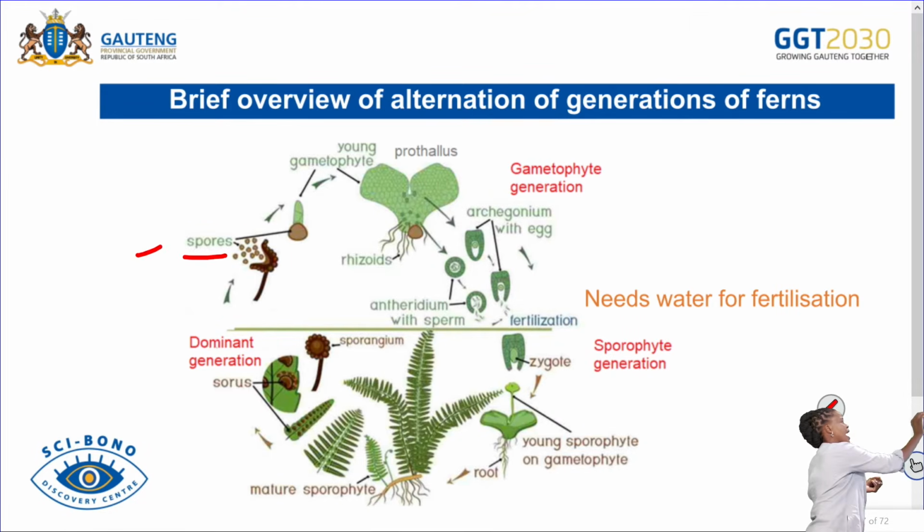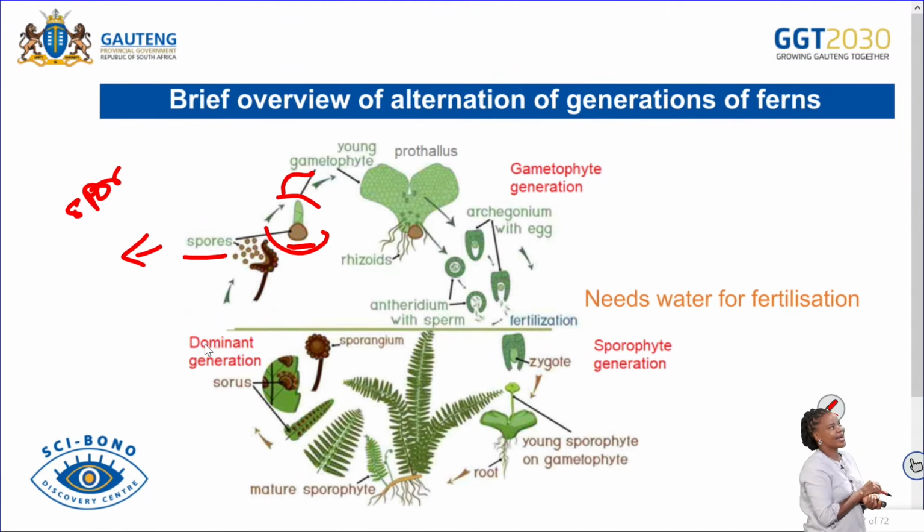Remember, the spores are produced inside the sporangium, and the sporangium is under the sorus. So the spores are now produced, and then they are released. As they are released, they develop into this structure, and then this structure develops again into what we call the young gametophyte. The young gametophyte is referred to as the prothallus.